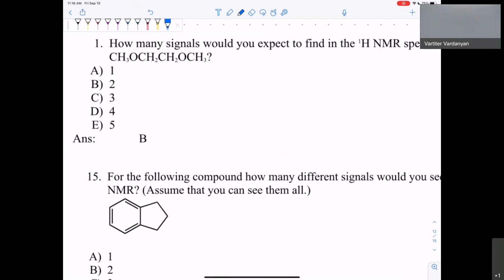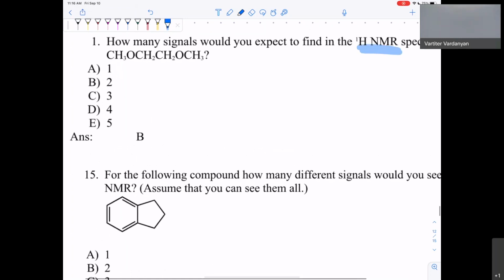Okay. So the question is, how many signals would you find on an NMR spectrum? Cool. So we are going to draw this out. We have a carbon, oxygen, carbon, carbon, oxygen, carbon. Cool. What's the first thing we do? Symmetry.